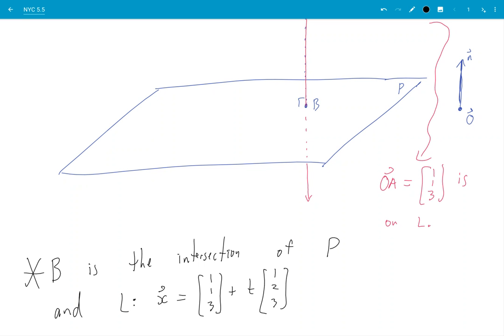And again, 1, 2, 3 is the normal vector for my plane. So therefore, it is a direction vector for my line.